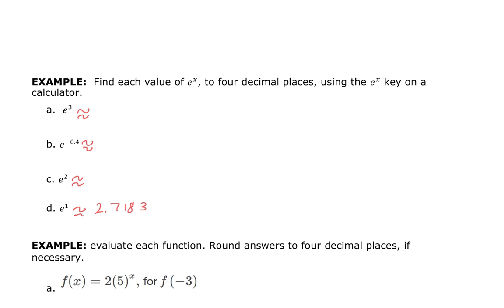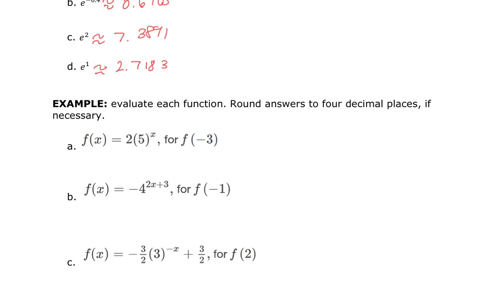e raised to the third is more than 2 cubed, but not quite 3 cubed. It's approximately 20.0855. e raised to the negative 0.4 is 0.6703. e squared is going to be bigger than 4 but less than 9, so we get 7.3891.